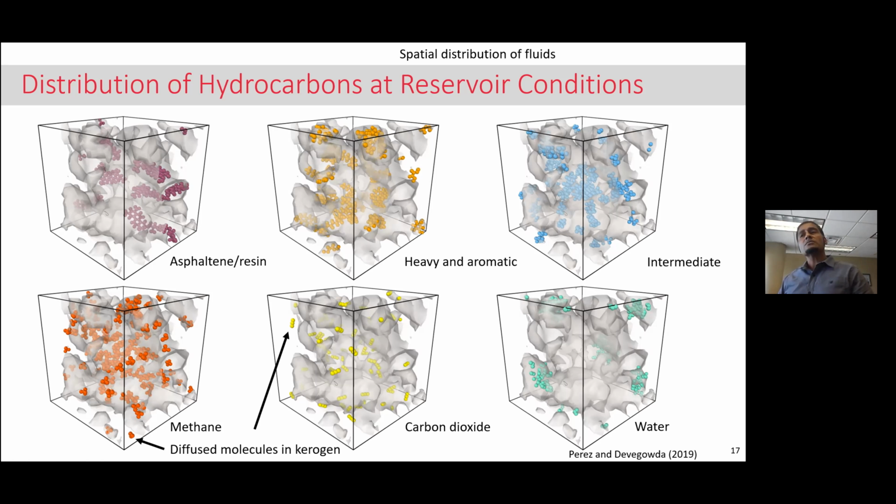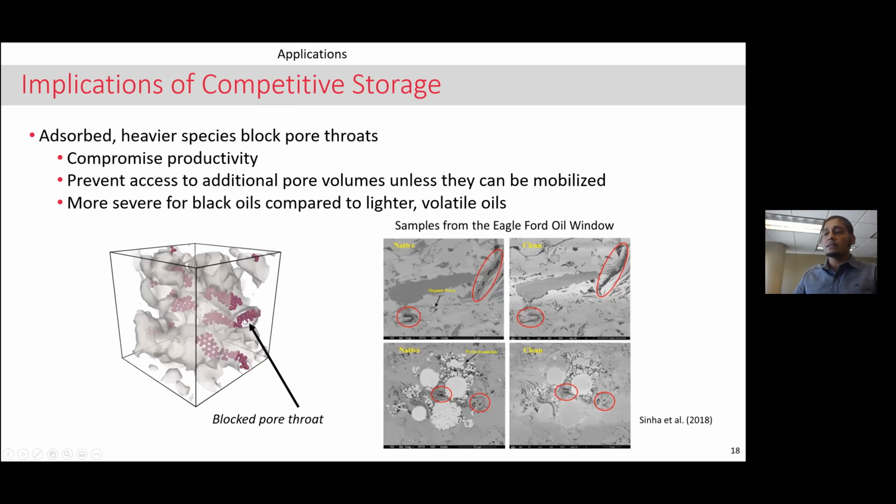So I want to ask myself, why is this important? It turns out that this is important because if you were to be looking at the asphaltene and resin fraction, for instance, you can see some of these molecules blocking this pore throat over here. If it's blocking this pore throat, it means that it's also blocking access for any solvent to move into the kerogen.